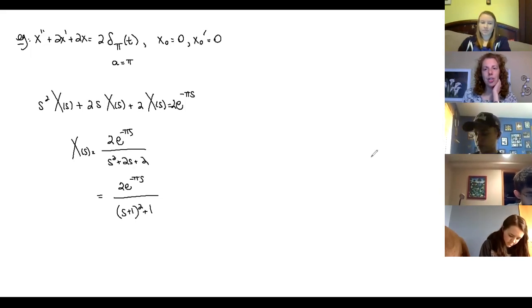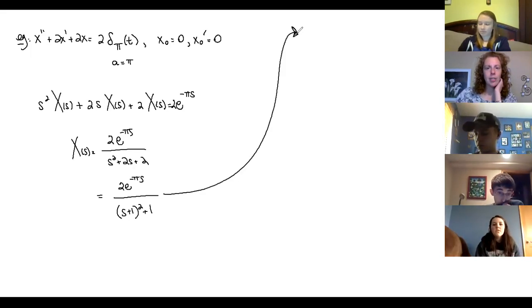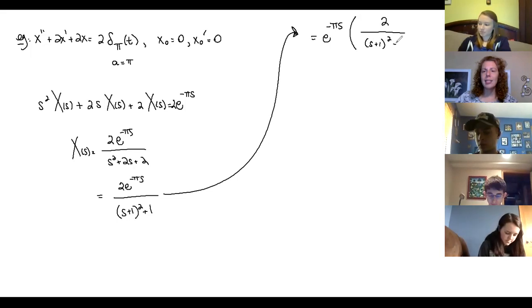Okay, we've got 2 things going on at this point. First is the homework question that Daniel asked. So we've got an e to the negative pi s that's being multiplied out in front. That's the first thing. And then my function inside is 2 over s plus 1 squared plus 1.